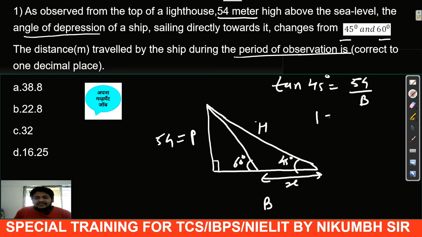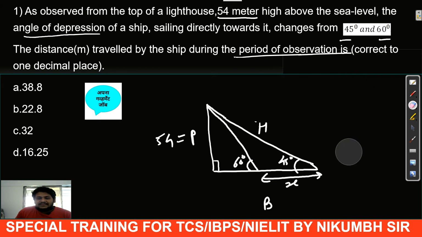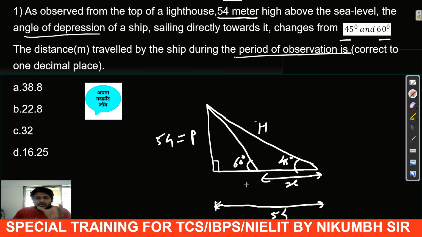So 1 is equal to 54 upon base, so base is equal to 54. So I got the value of base, which is 54, for this whole big triangle. Now, if you see, I will use tan 60 degree again, because I want this x. So that's why I will use tan 60.